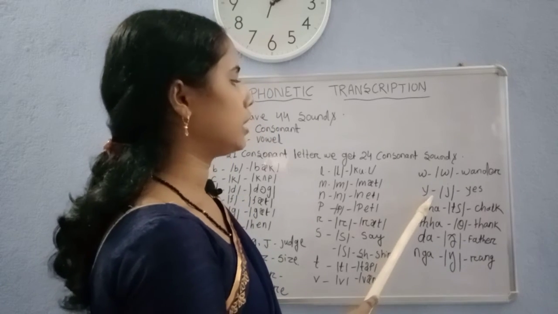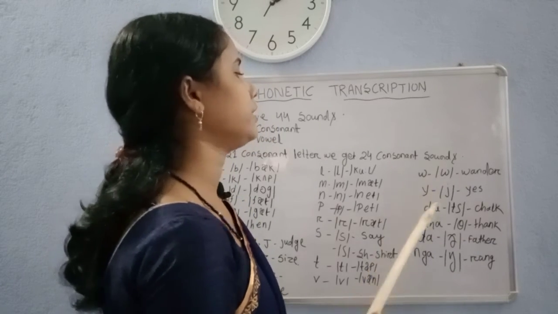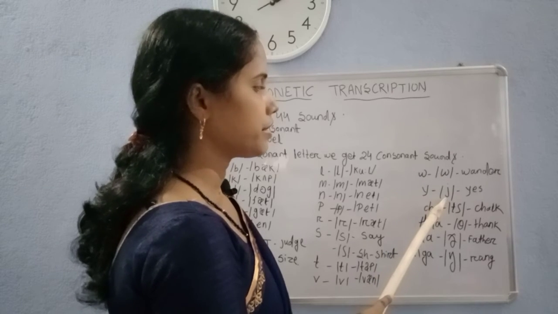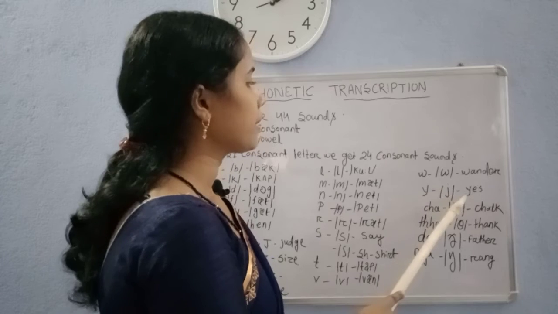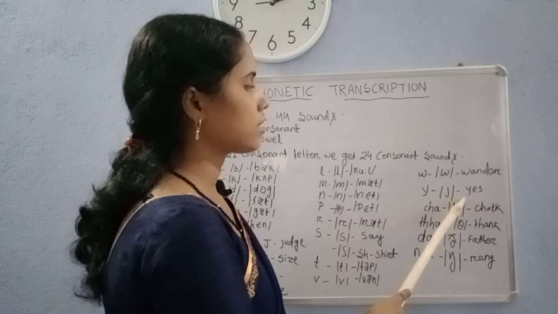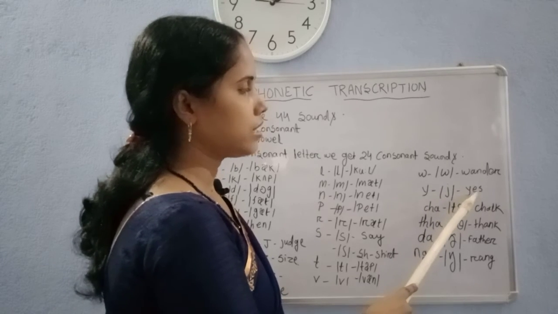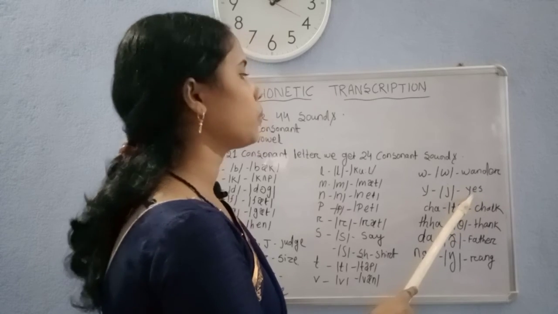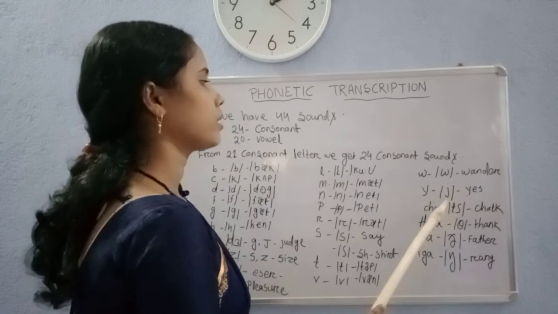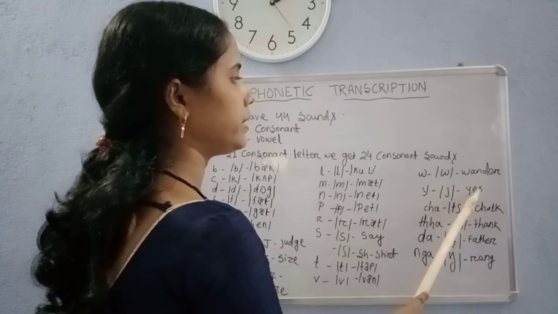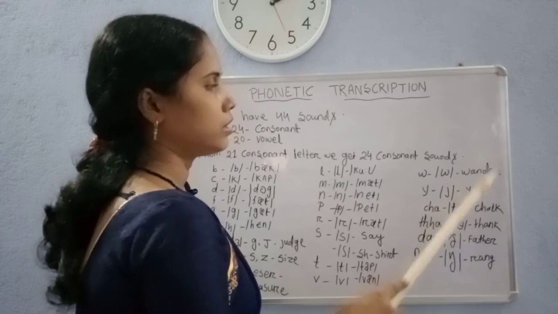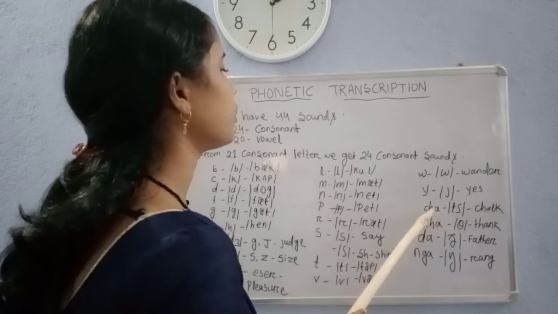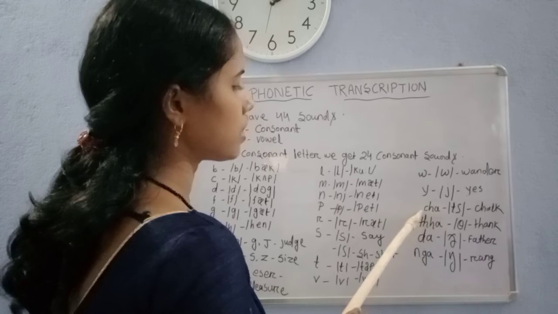Then come to the letter Y, and for Y the sound is written like a small j, as in the word yes. When we transcribe this word yes, we will write small j, e, s and put them within slash marks.